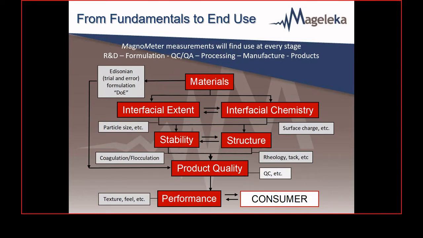So, why from fundamentals to end use? This slide is one I use when I talk about formulating products, and it shows a schematic of the various stages from raw materials through to a final commercial product. I'm not going to go into a lot of detail, but clearly the preparation of particulate suspensions starts with raw materials.